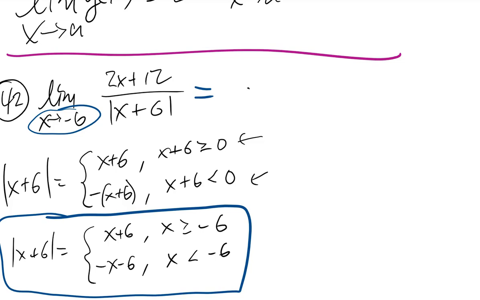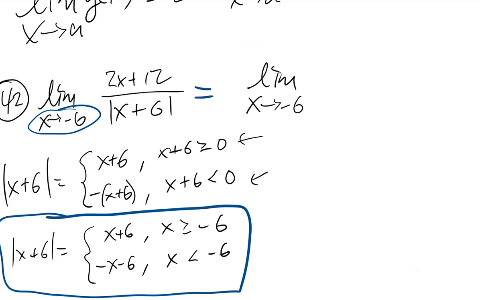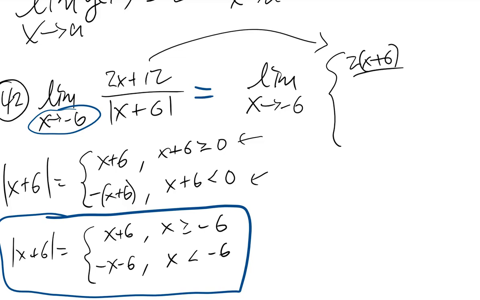So we go limit as x goes to negative 6. And now this whole function becomes 2 times x plus 6 over x plus 6. I'm using this. The absolute value I can rewrite with all this down here. And then this is when x is greater than negative 6.